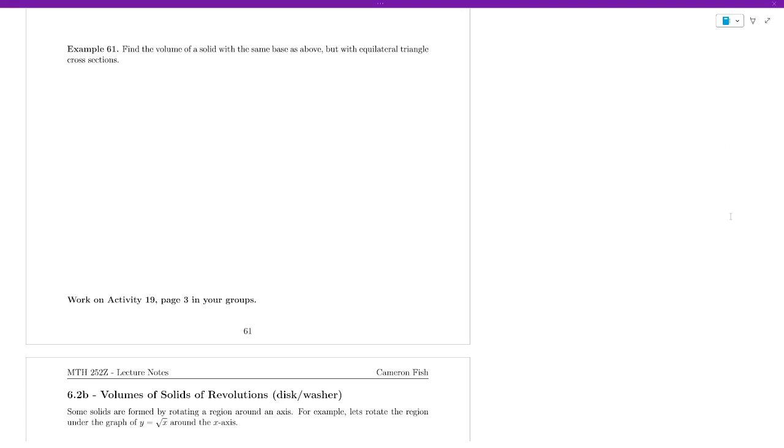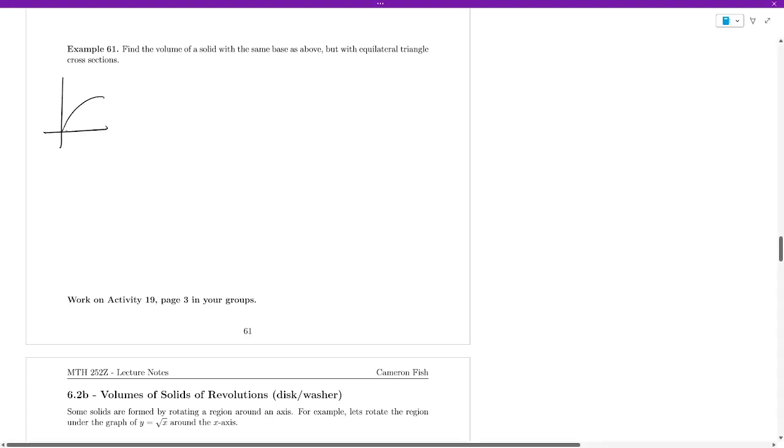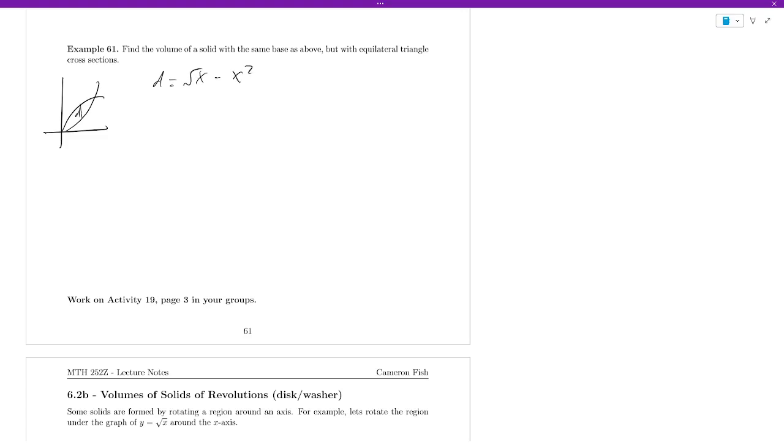Okay, and then for this last example, again, same region, but equilateral triangle cross sections. So, again, same picture. I got my slice, I got my D. D is the same, it's still root x minus x squared. And then the only thing now is I have to think about, what's the area of a triangle?